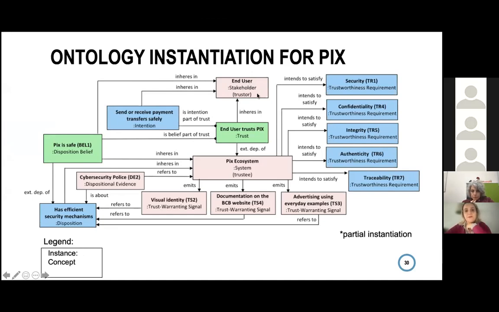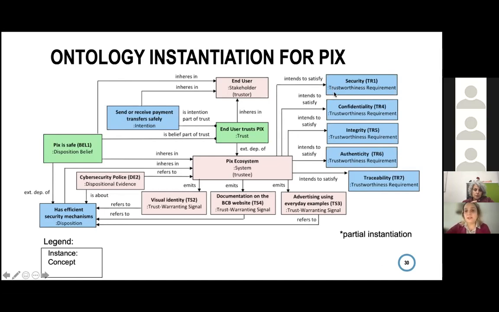So we can see, for instance, that the end user has some trust on Pix, but it's related to the intention of send or receive payment transfer safely, right? So the end user trusts the system to achieve such intention, to achieve the goal of sending and receiving payment transfers.